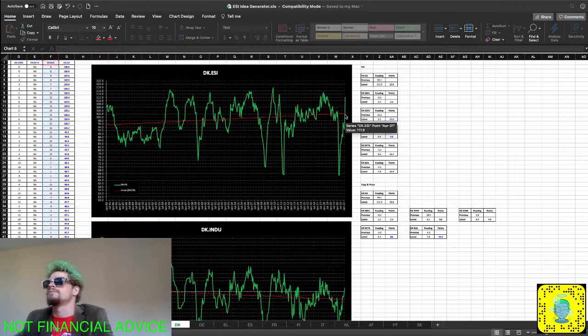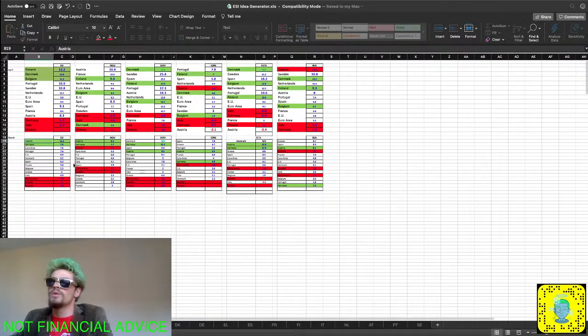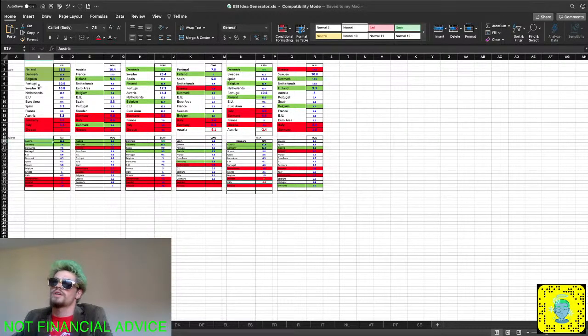But now, we see this month, the month of April, Denmark's economic sentiment has broken above the trend line, and it's growing very fast. In fact, we can even see that Denmark's economic sentiment is growing faster than every single other country in Europe, except for Finland.